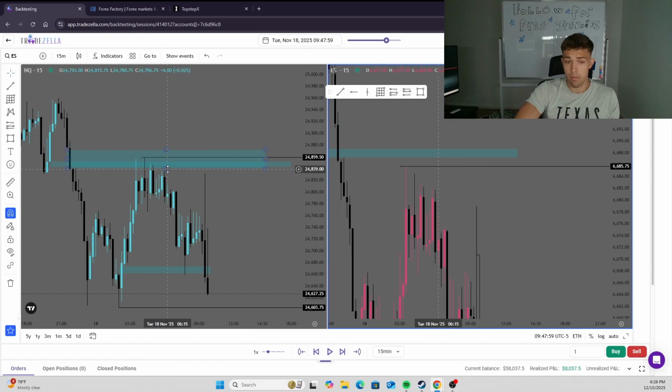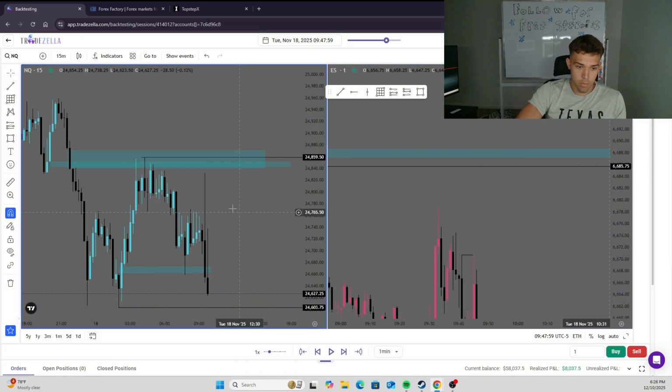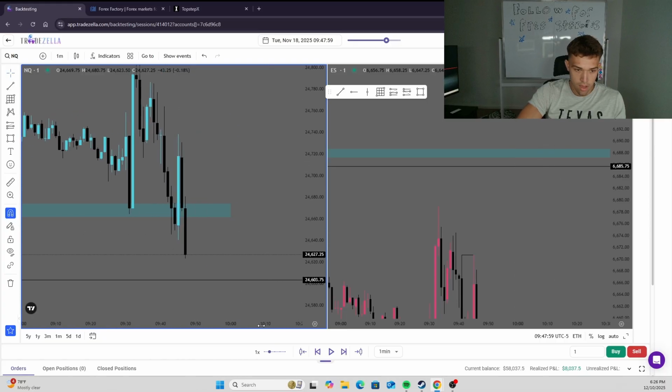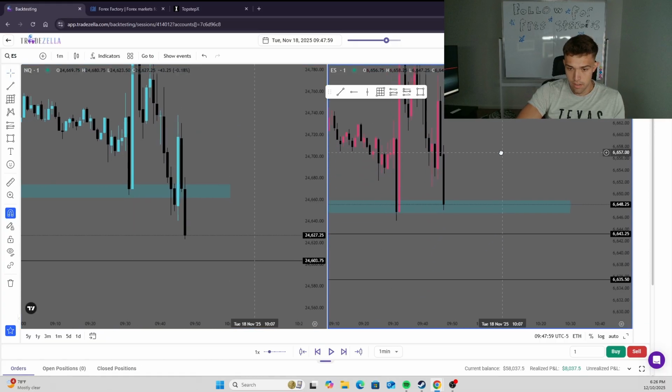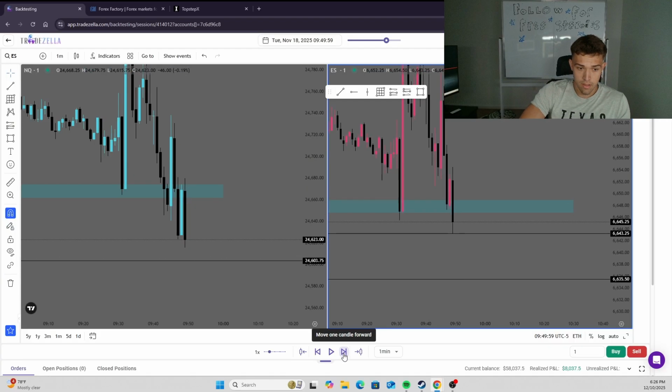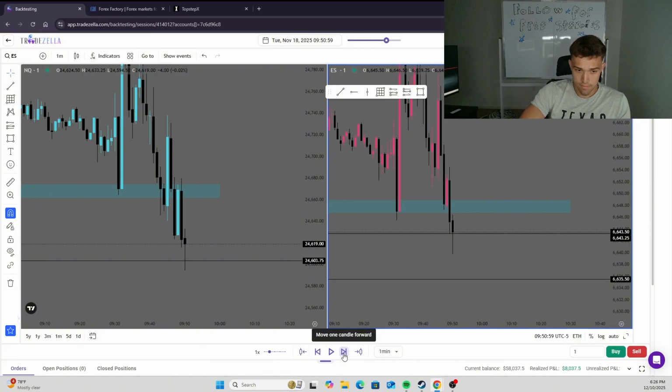We have PD array SMT. That's what I forgot about. Okay, so boom, we have PD array SMT. Now, unfortunately, yes, this trade looks clean. I would actually take this for the most part, except our draw is right there. So probably not.